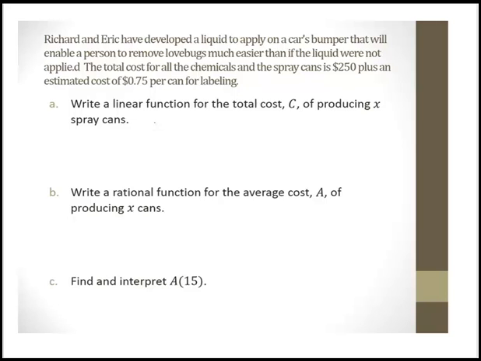Alright, so C of x, the cost, well, we have a fixed cost of $250 and a cost per can of 0.75. So 0.75x plus 250. Write a rational function for the average cost of producing x cans. Alright, so the average cost is the cost per can, right?